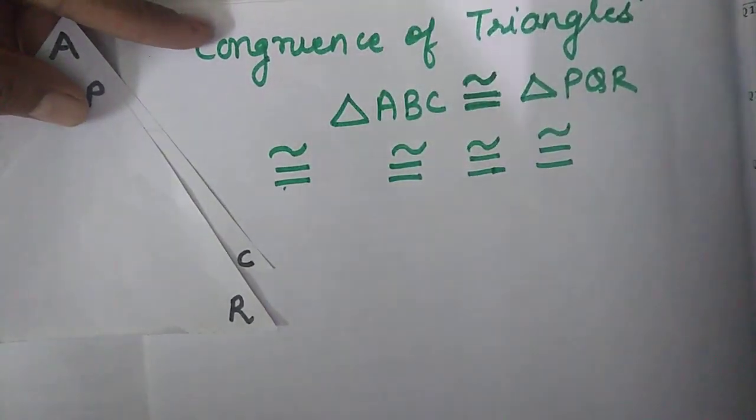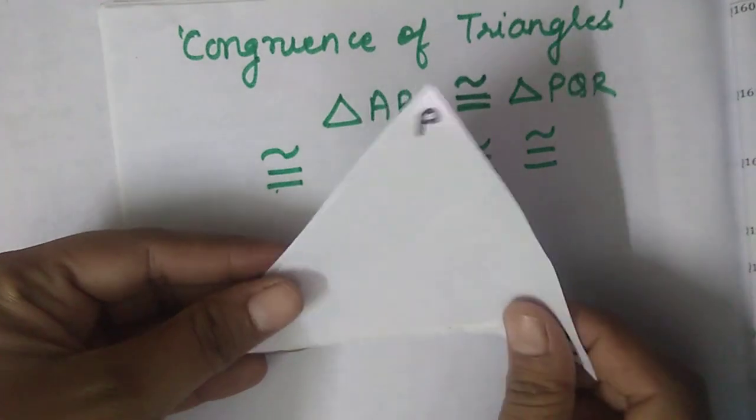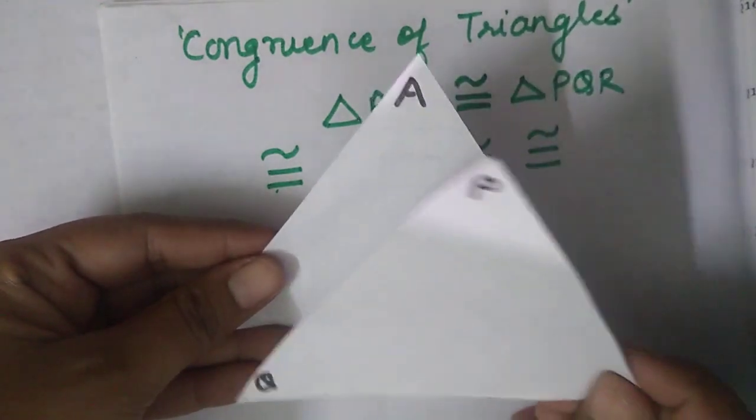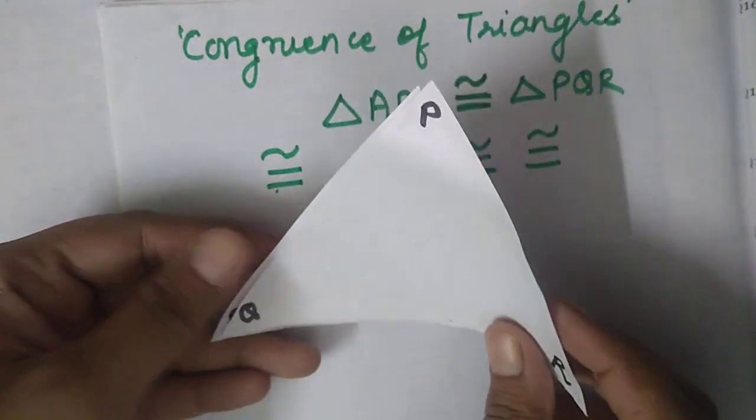Now these two triangles are completely overlapping each other.